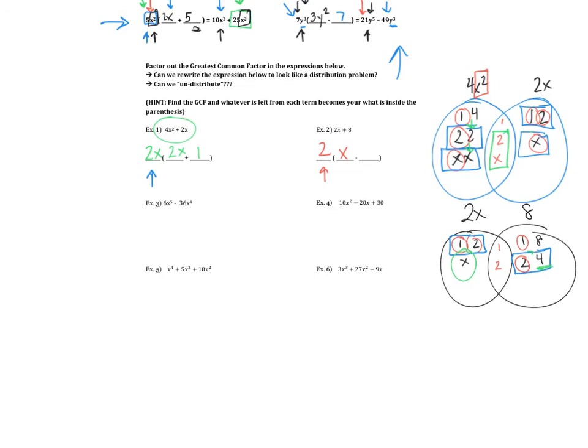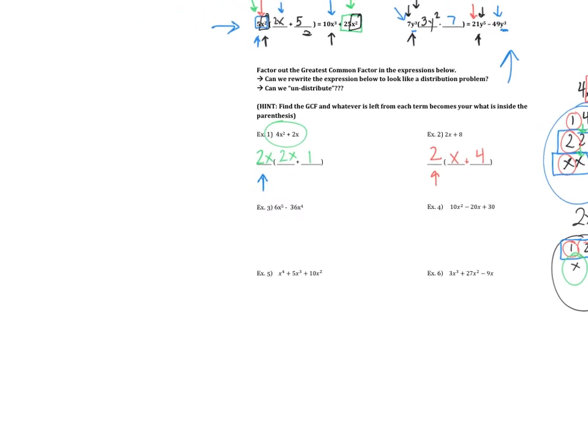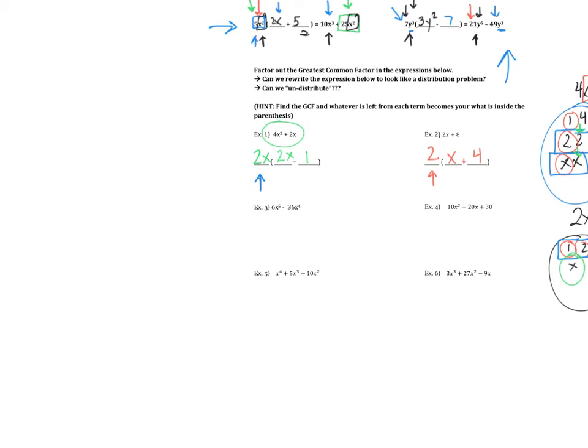Okay, I had a 4, so that's what needs to go on my next line. Okay, and that's supposed to be a plus. All right, so that's how we're gonna do those. So I'm gonna come over here. I'm gonna move this over a little bit so we can do example 3 together.